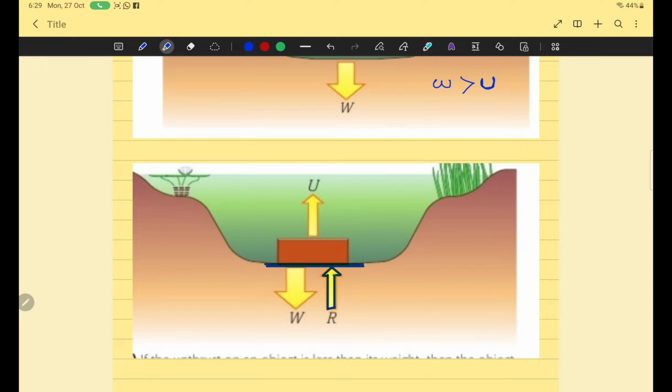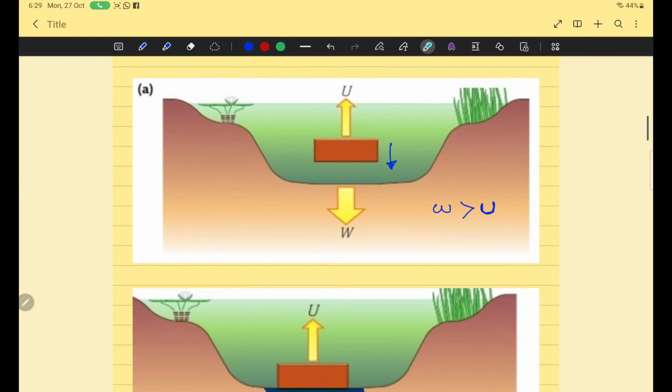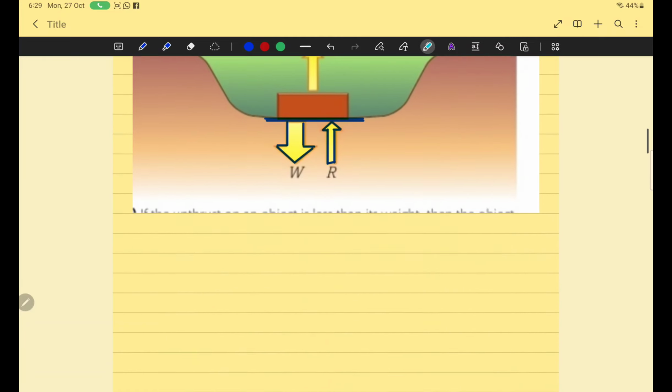So this is the third force which is now acting on the block: weight acting downward, upthrust acting upward, and the reaction force or contact force also acting in the upward direction. I have extracted this from your Edexcel book.